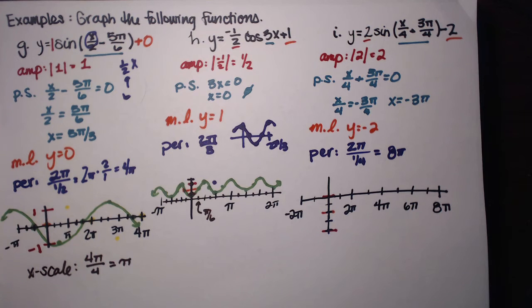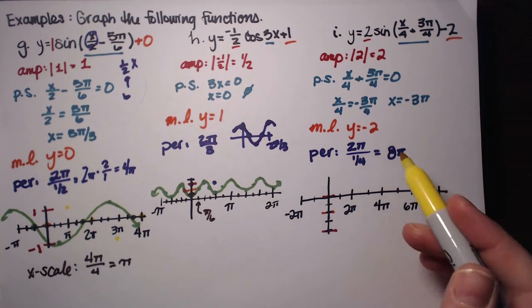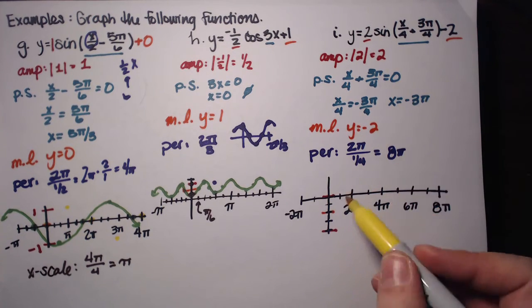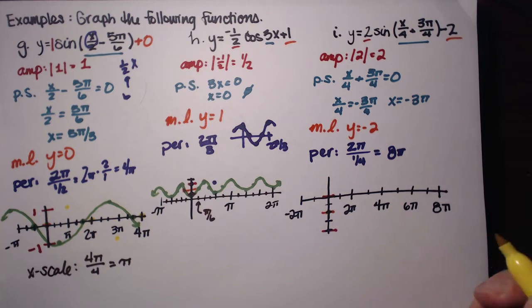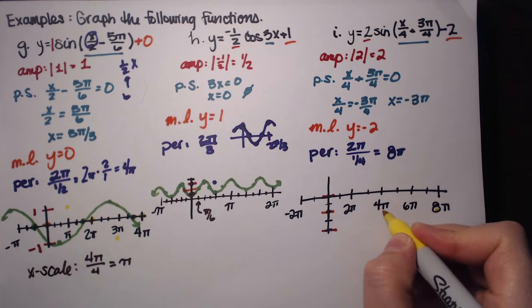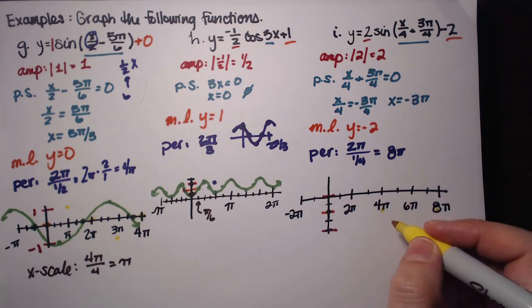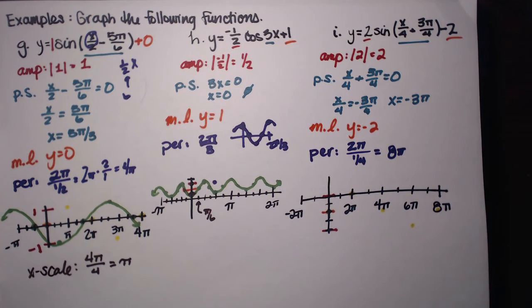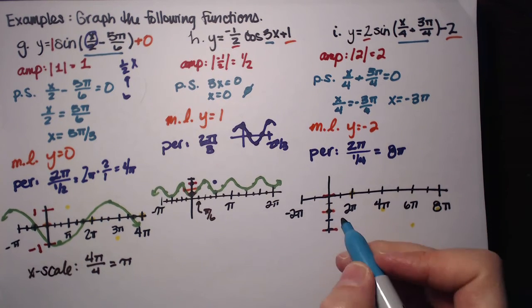We have a phase shift, but I'm going to put some dots for this 8 pi, the period without the phase shift. So this is sine. It starts in the middle, ends in the middle, is at the middle, in the middle, and then up and down. But then we also have to include moving this backwards pi thirds.